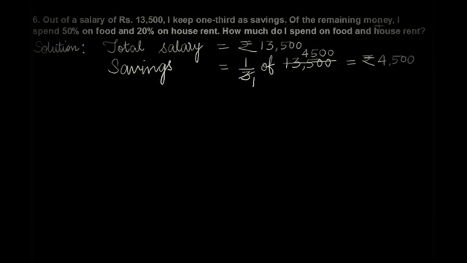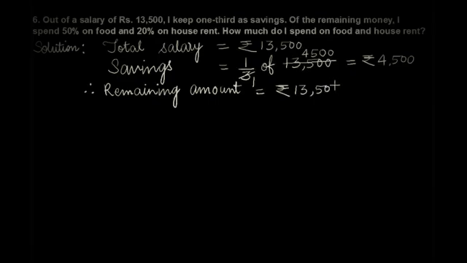Now of the remaining, so from here, if the total salary is 13,500 and savings is 4,500, therefore the remaining amount of money will be equal to rupees 13,500 minus rupees 4,500.